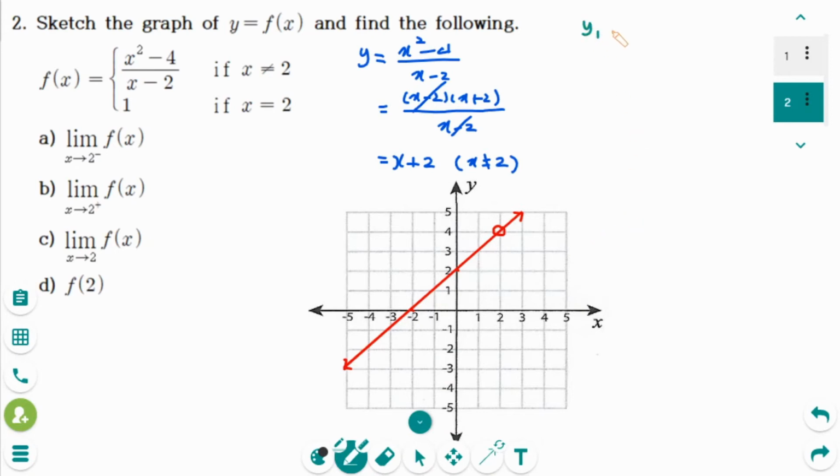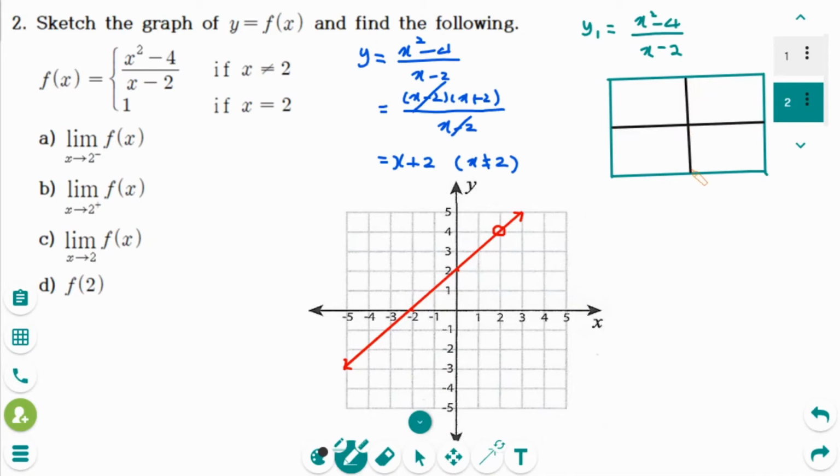When you draw the y1 = (x^2 - 4)/(x - 2) graph, the graph looks like this. The x window is -10 to 10, and the y minimum is -10, y maximum is 10.